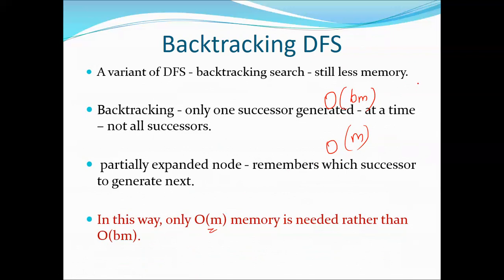At each level we are generating only one node, so the worst case complexity is order of m. M is the maximum depth. So this is an improved version of DFS. Right, so this is the introductory part.